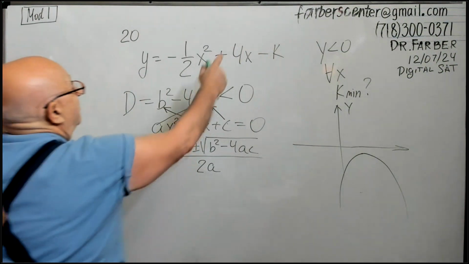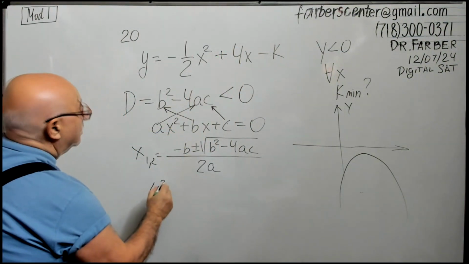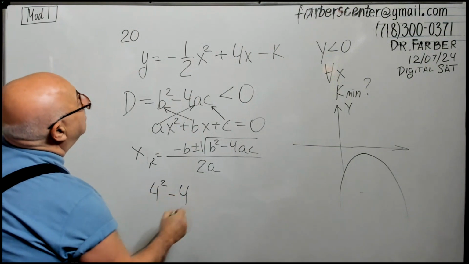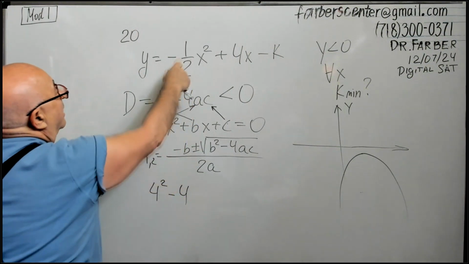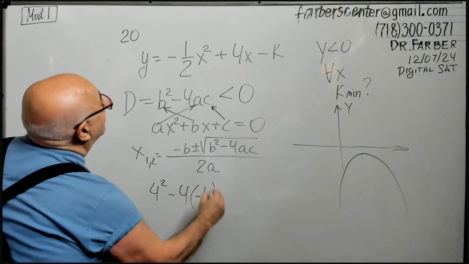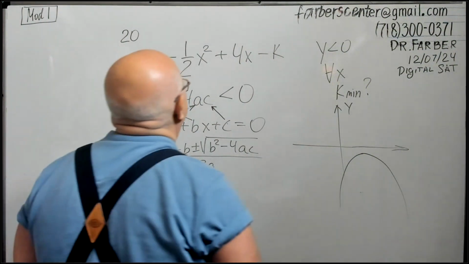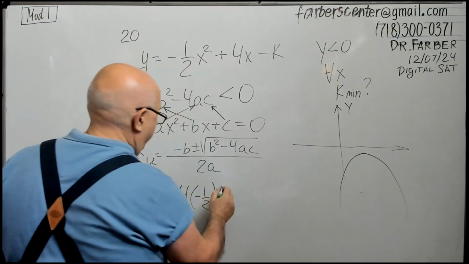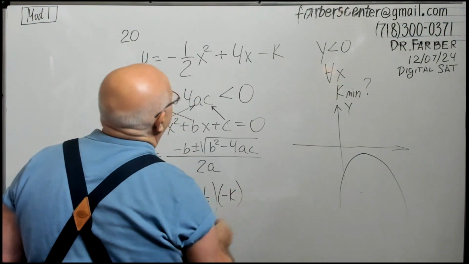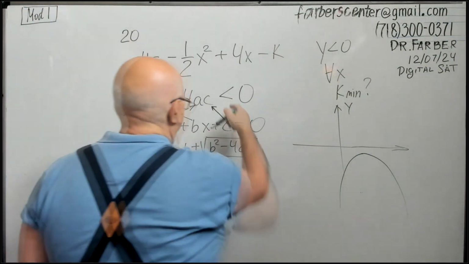What is b? b is 4 minus 4. a is negative 1 over 2. And c is negative k. And this is supposed to be less than 0.